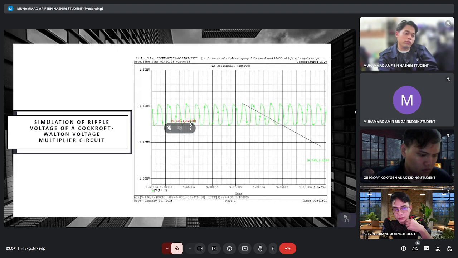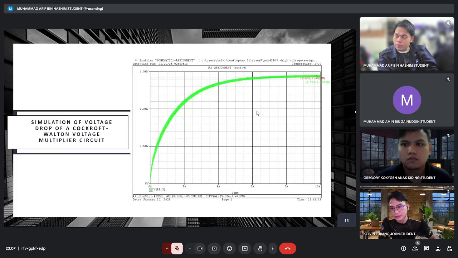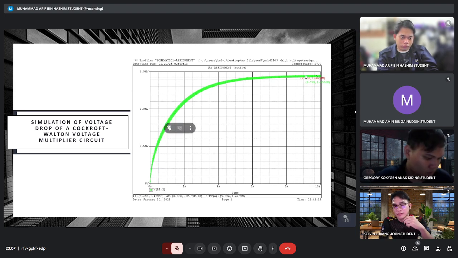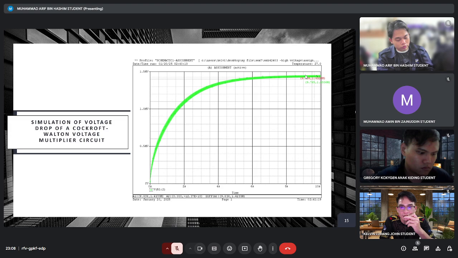This is the graph for the simulation. This is the graph of the ripple. When we zoom, we can see the ripple of the graph. Okay, next slide. Okay, this is the graph when we do not zoom the ripple. For the next slide, I will pass to my friend Gregory.